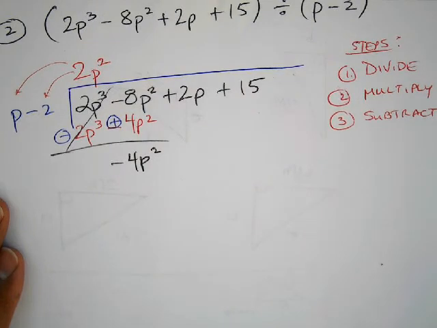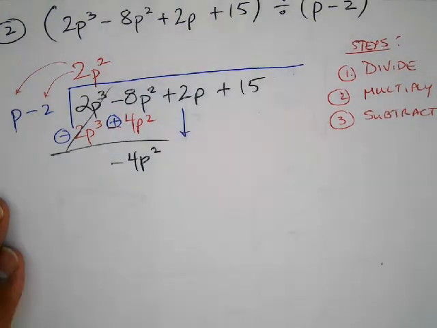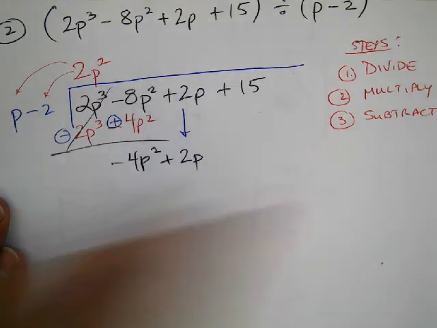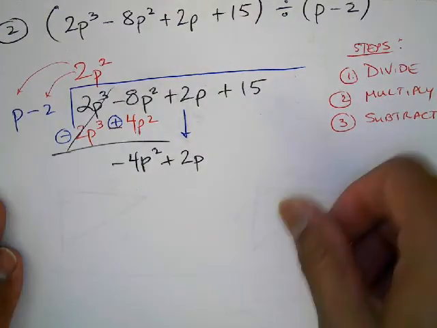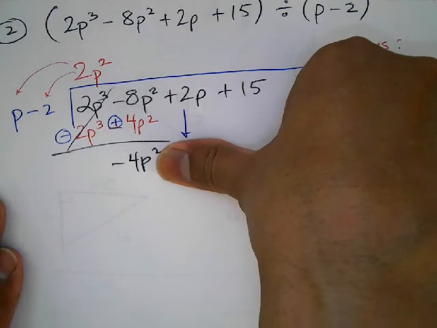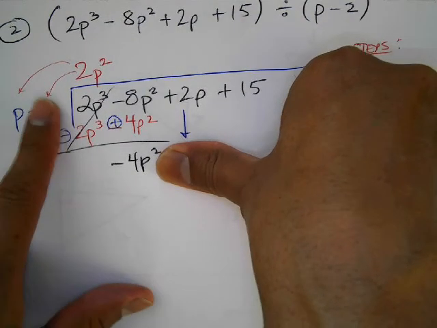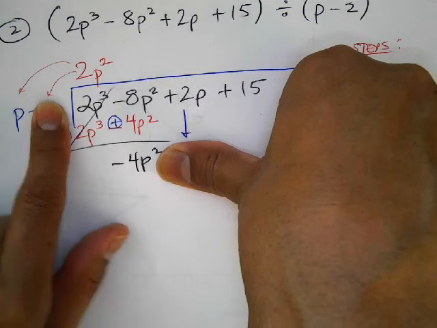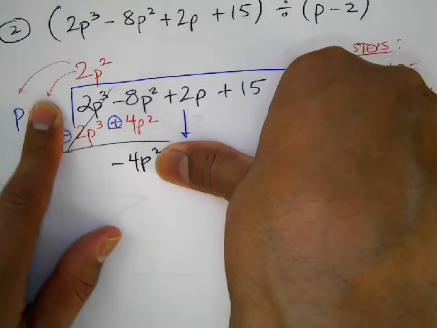All right. That was one round. Let's go to the next round. Second round. Drop this next term that follows here. Now let's start again. You only look at the first, and you only look at the first. And what do I need to multiply to a p to get the negative 4p squared?